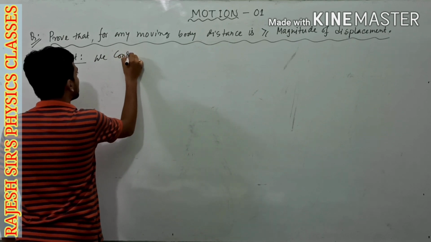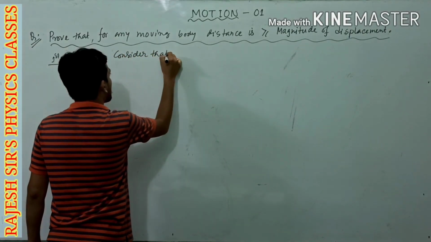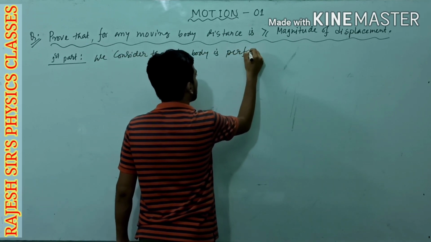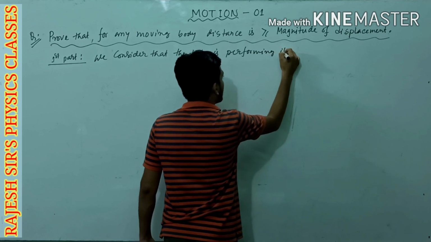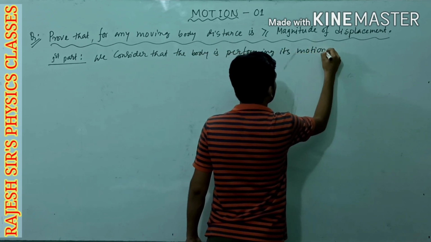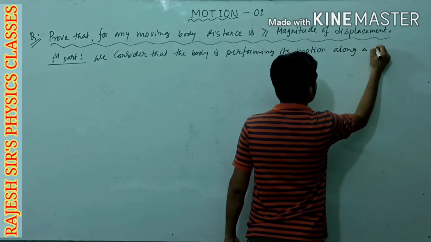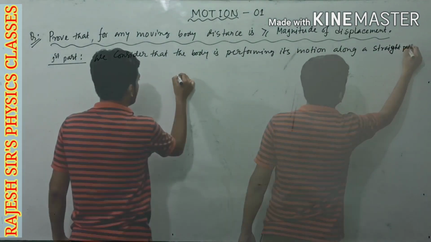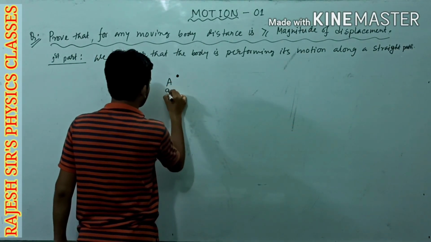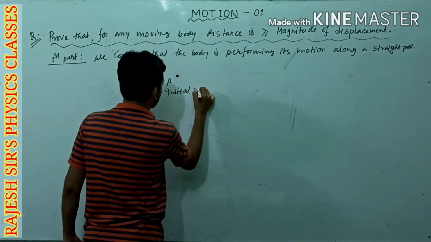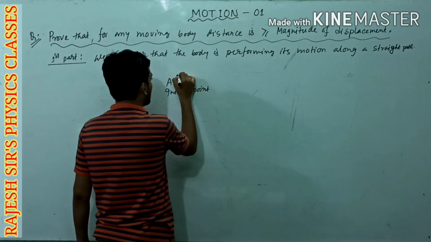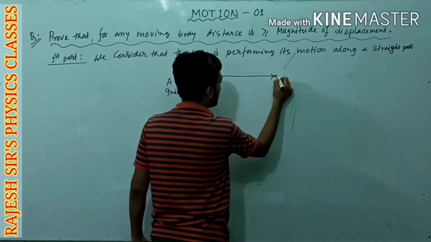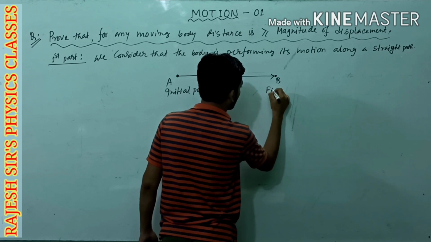In the first part, we consider that the body is performing its motion along a straight path. We suppose A as the initial point. From point A, the body has started its journey and reaches the point B. So B is the final point.